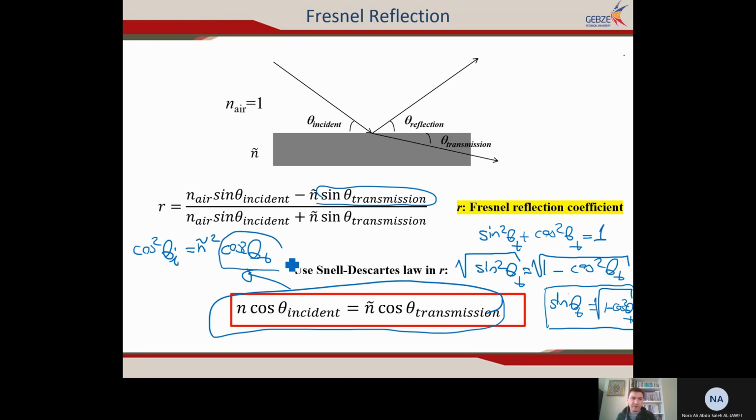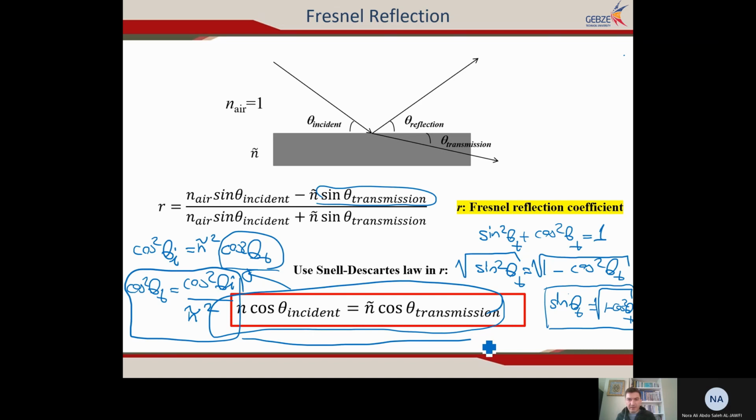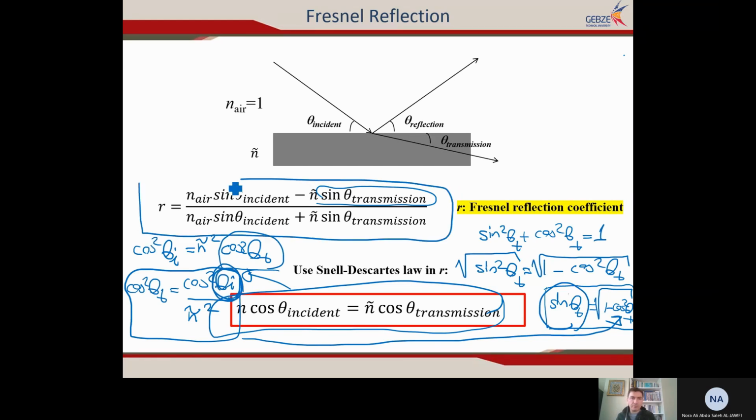Then cosine squared theta transmission is equal to cosine squared theta incident over n medium square. Take this expression and use it here, then you can get the expression in terms of theta incident, within this equation. You can use it here and also here.